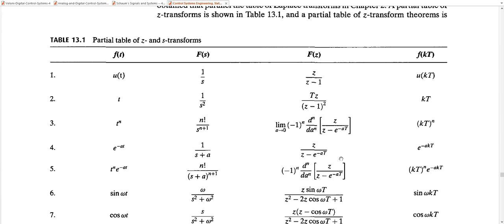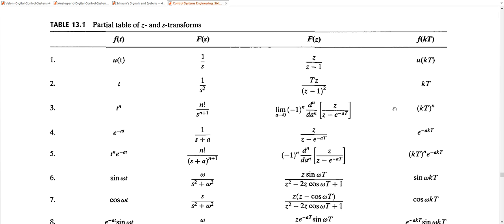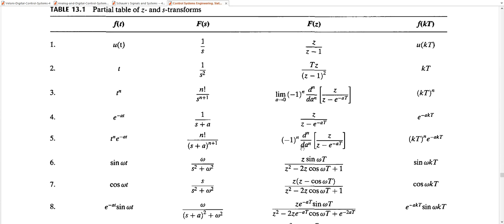So this is the Z transform, this is the Laplace transform. Now in your activities you can have this printed so it's easier for you to solve the Z transform. So this is the Z transform.